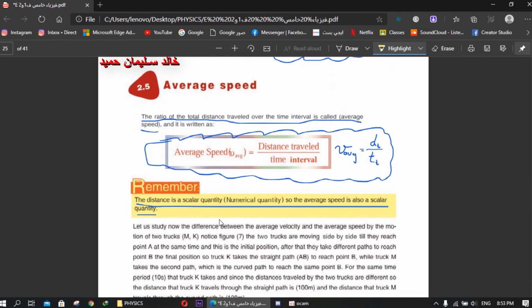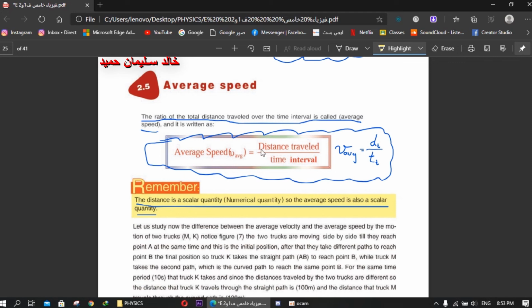Average speed. The speed is a scalar quantity, and it is the ratio between the total distance traveled over the time interval. This is called average speed.